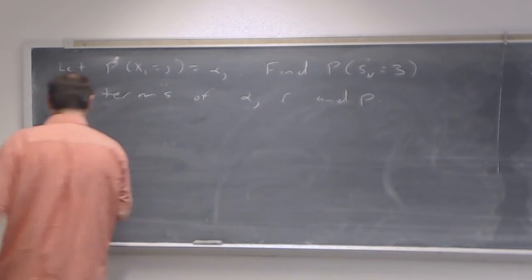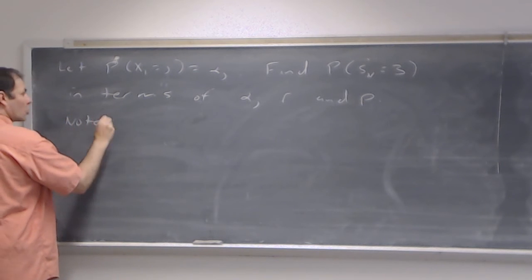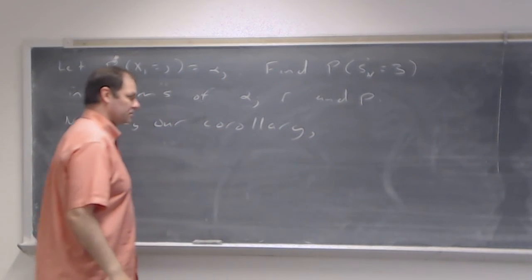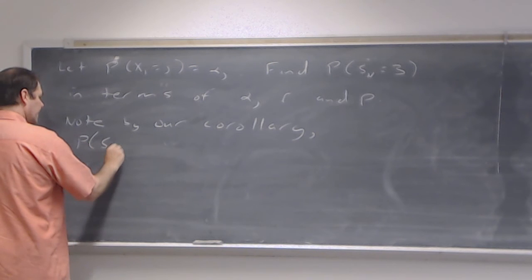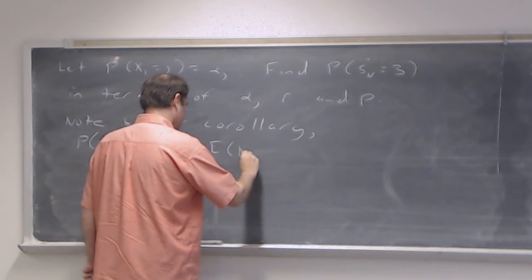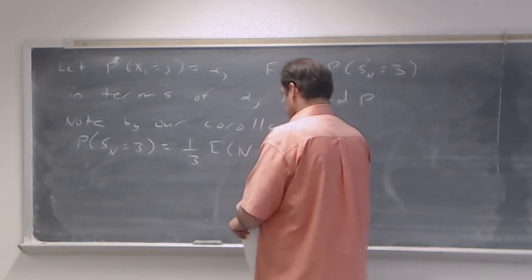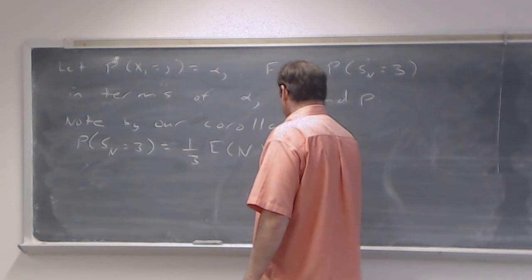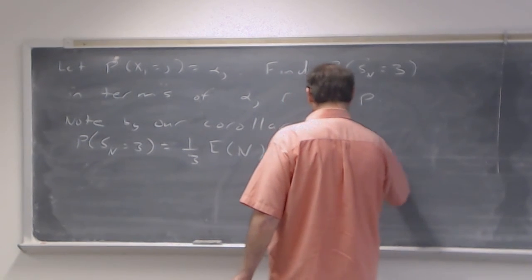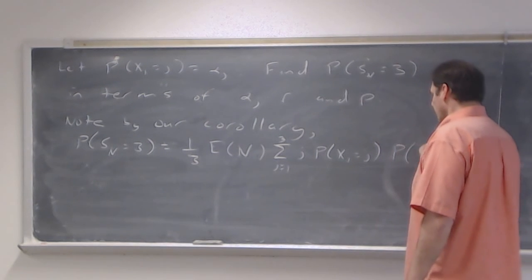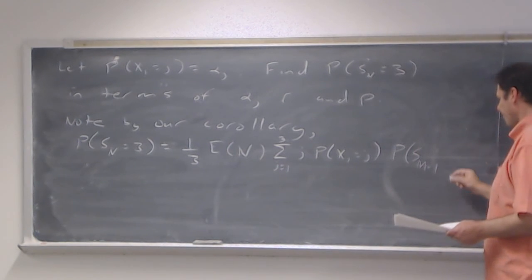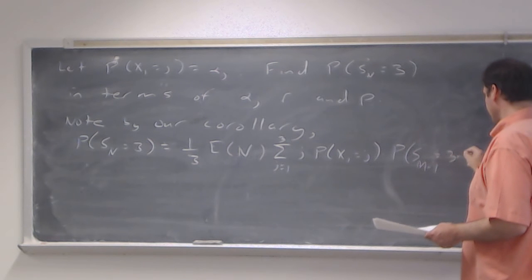All right, so here's what it says. Well, note by our corollary, we will be using this corollary again several times, the probability that S of N equals 3 is equal to 1 over 3 times the expected value of N, times the sum as j runs from 1 to 3 of j times the probability that X of 1 equals j times the probability that S of N minus 1 is equal to k, which is 3 minus j.